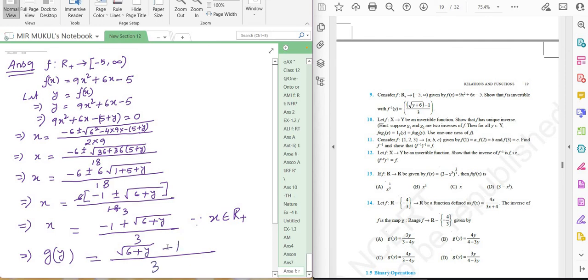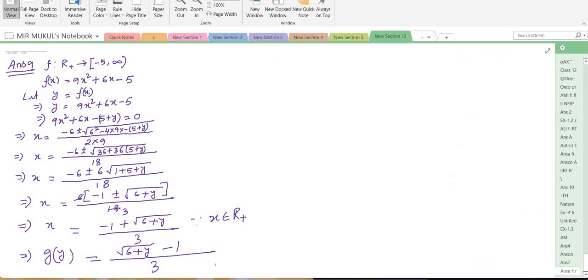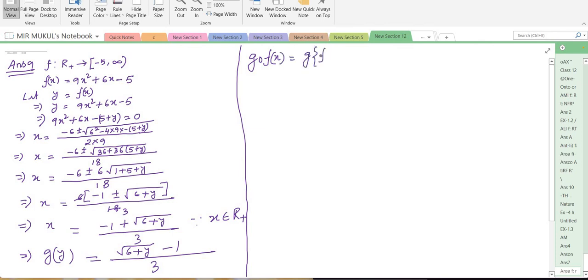Now we check g o f and f o g, whether we are getting the identity function or not. So first check g o f of x. g o f of x is g of f(x), so it is g of 9x square plus 6x minus 5.